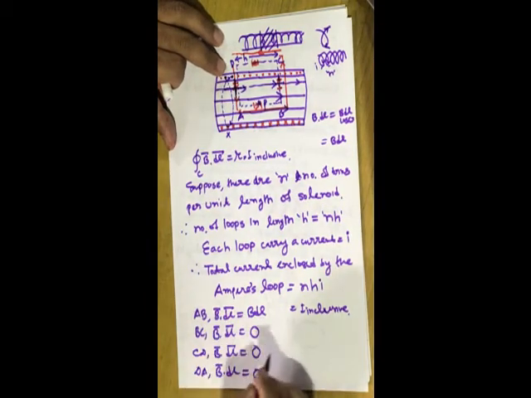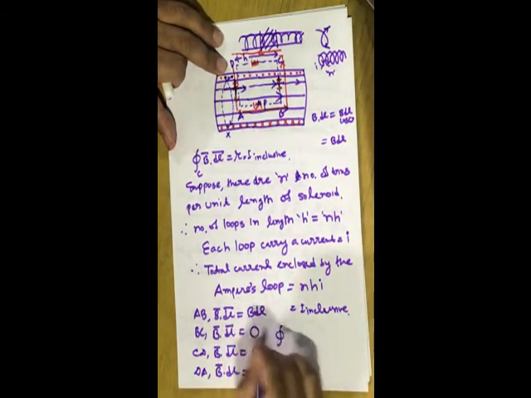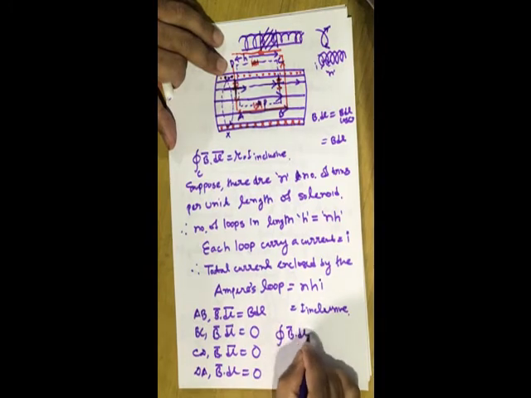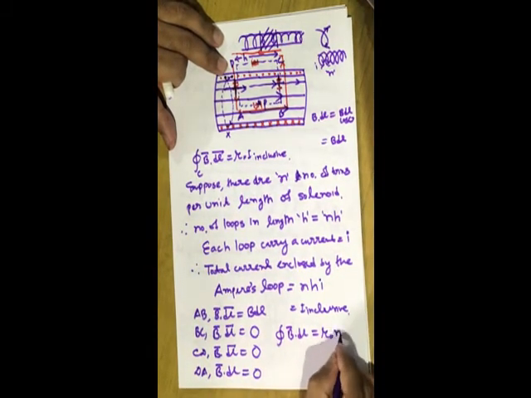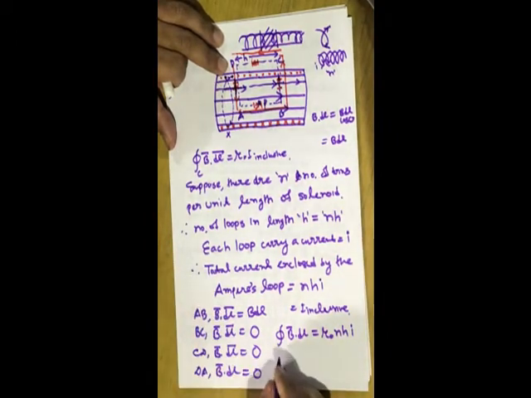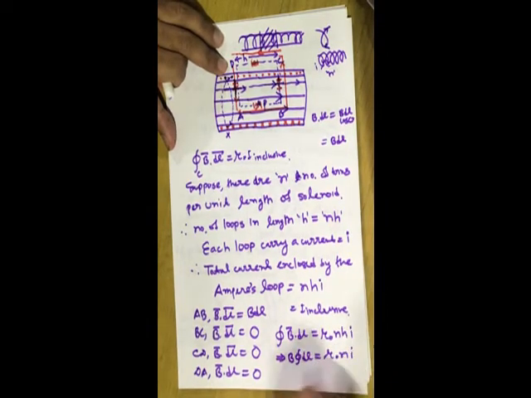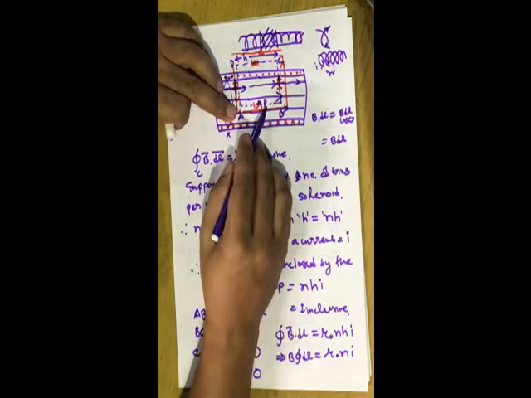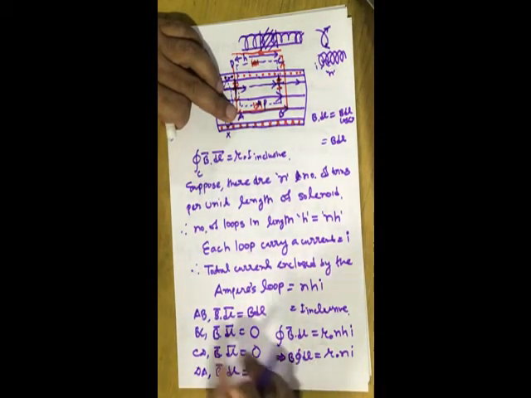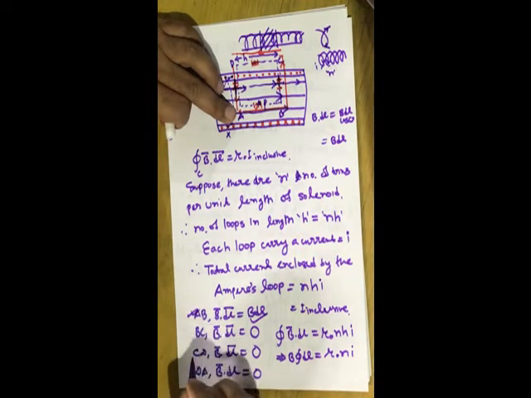Therefore we can write the closed line integral of B dot dl is equal to what we have written, mu naught n h into I. Now you see what is the value of the line integral of B dl, because only the part AB will remain.